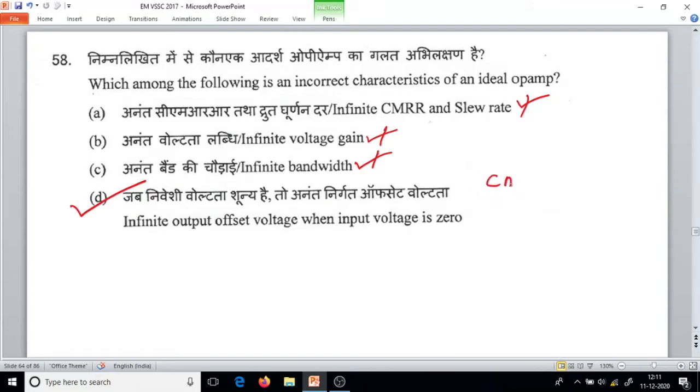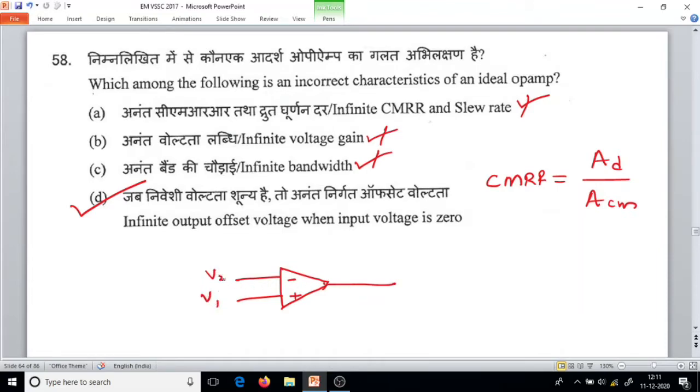And what is CMRR, the common mode rejection ratio? It is given by differential mode gain divided by common mode gain. If we have an op amp, this is our non-inverting terminal, this is our inverting terminal, and this is our output. This is V1, this is V2.